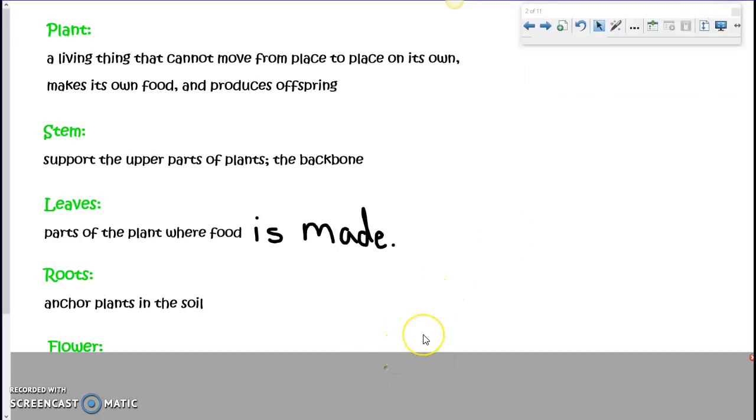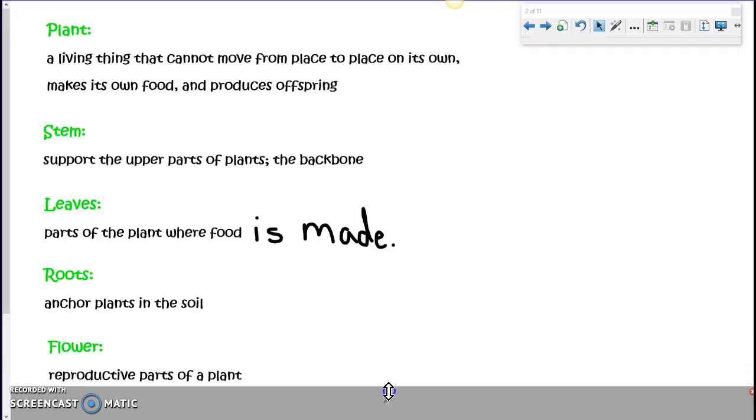The flower. Can anybody tell me what the flower is? Yes, Zach. Okay, it's the top part of the plant, of the flower. Okay. Let's see. It's the reproductive part of the plant.